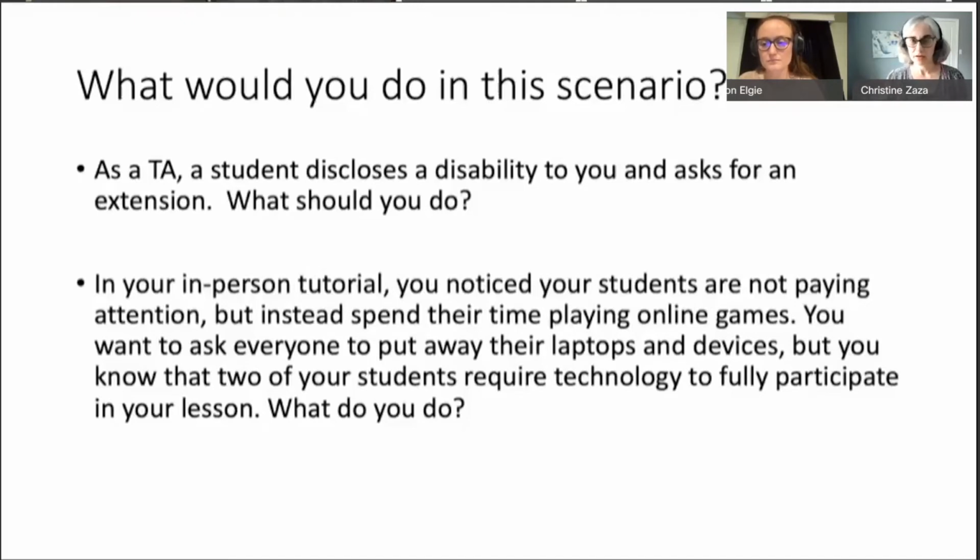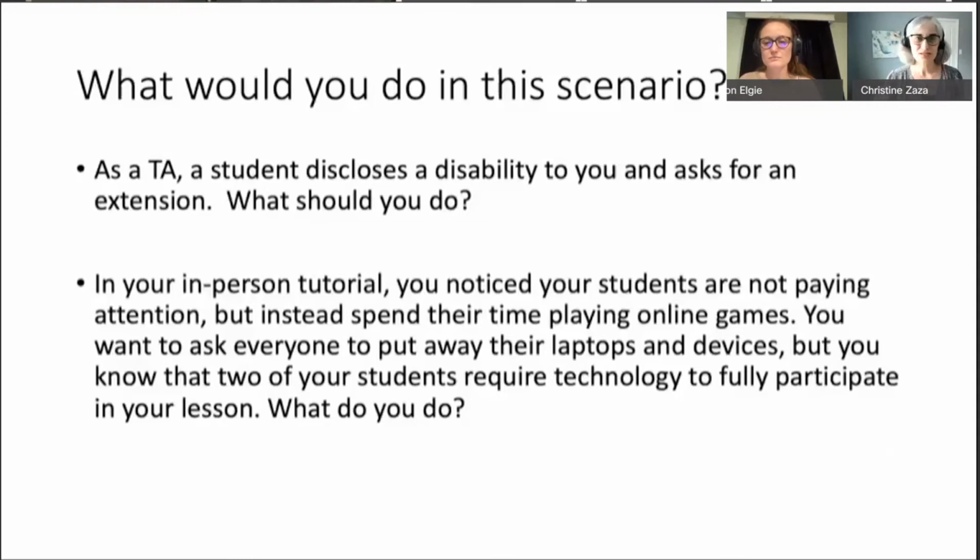They have experts whose role it is to do that, because the documentation doesn't have to state the diagnosis necessarily. It needs to point out the functional limitations. Then the intake person who reviews that documentation, the documentation specialist, will say, given these functional limitations, we deem that X, Y, and Z are the appropriate ways to accommodate the student.